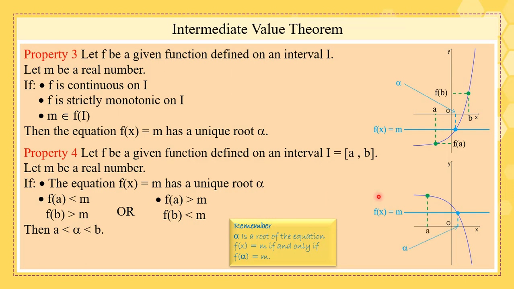If this is a, this would be f of a. And if this point is b, this would be f of b. And we can see that alpha is between a and b. But in this case, remember, f of a is greater than m because it's above m, and f of b is smaller than m because f of b is below m.